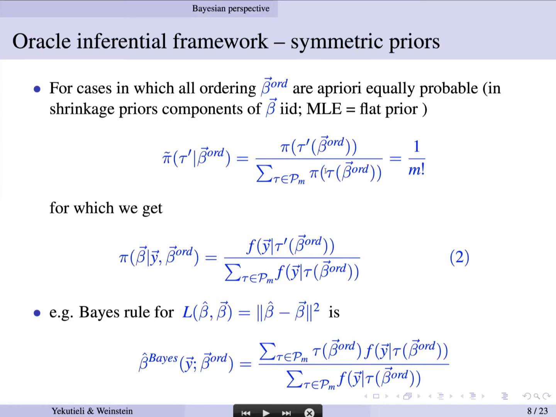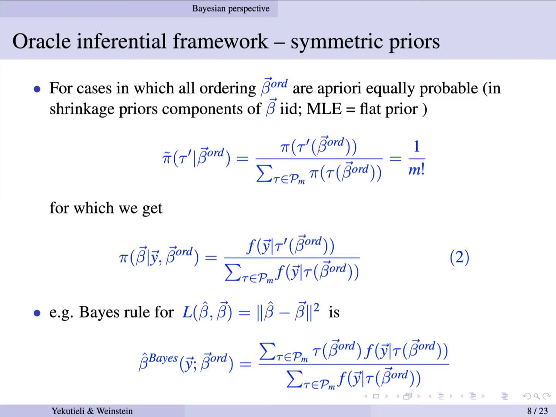We write this pi of the entire vector, and when we exchange its components for every permutation, we get the same thing. It's called exchangeable, right, Asaf? Yes, giving equal probabilities to all orderings of beta ord is precisely the definition of an exchangeable distribution. Maybe it should be exchangeable priors and not symmetrical. This is how the property is called in English.